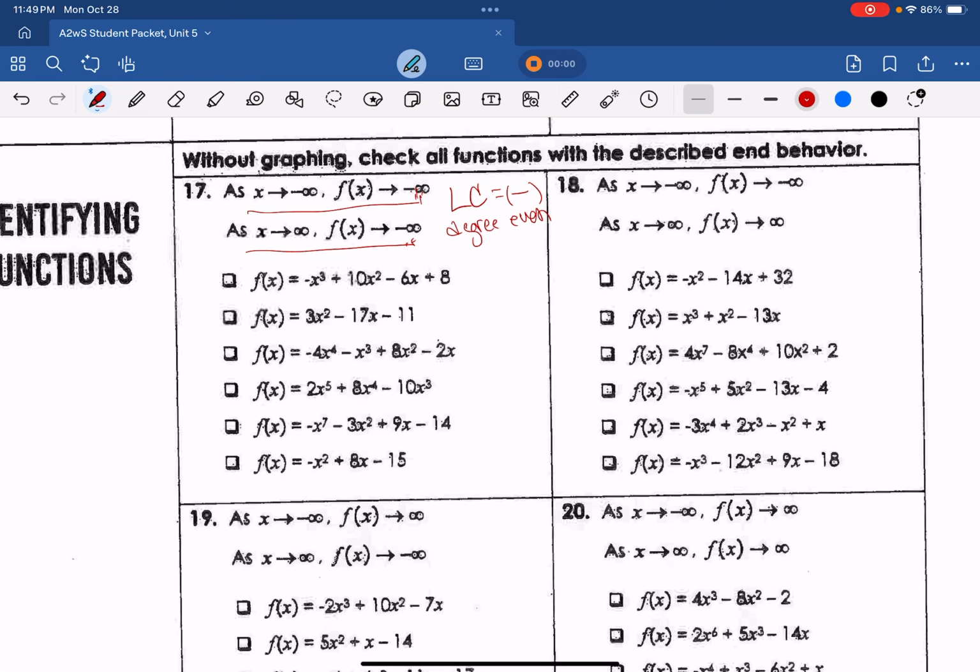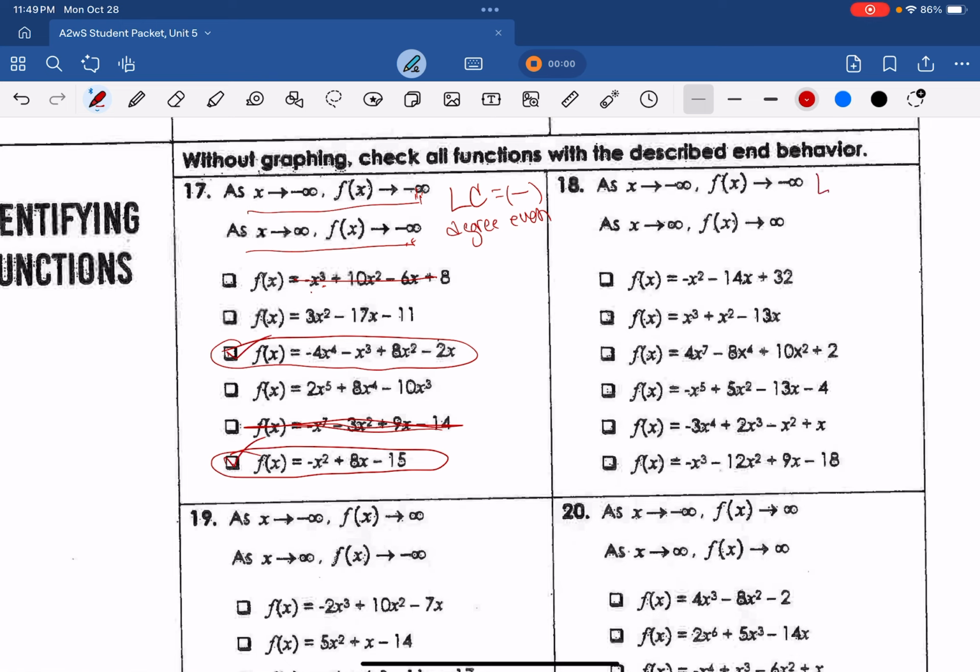So that is going to limit it to this one and the last one, because our leading coefficient has to be negative. Well, here's a negative, but it's got an odd degree. That won't work. Here's a negative, but it's got an odd degree, so that one won't work. So the only ones that will work are going to be this one and this one. So that's what we're doing.